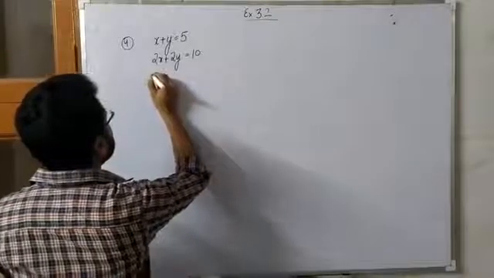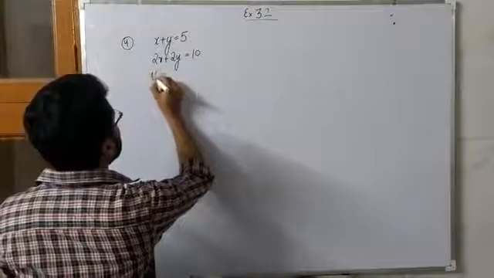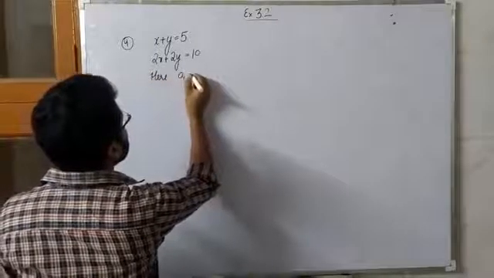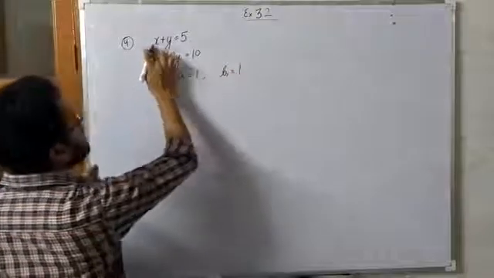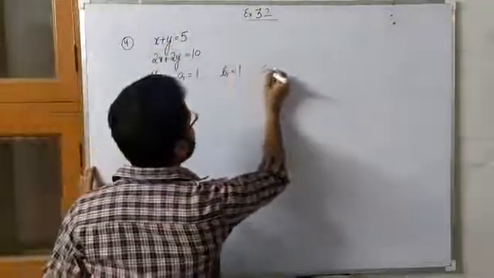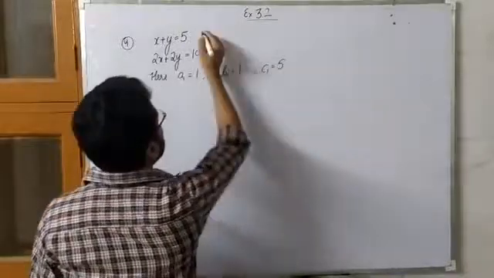Now here, we can say a1 is 1, b1 is 1, right? The coefficient of x is 1, the coefficient of y is 1, and c1 is 5.